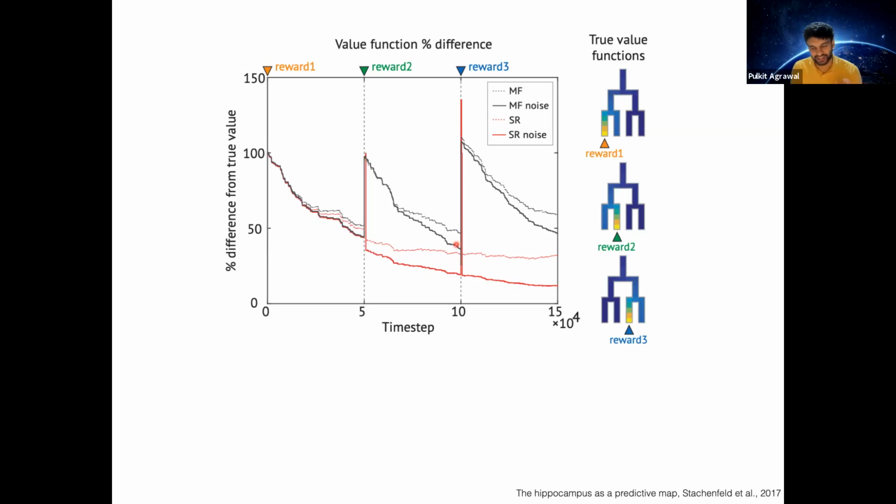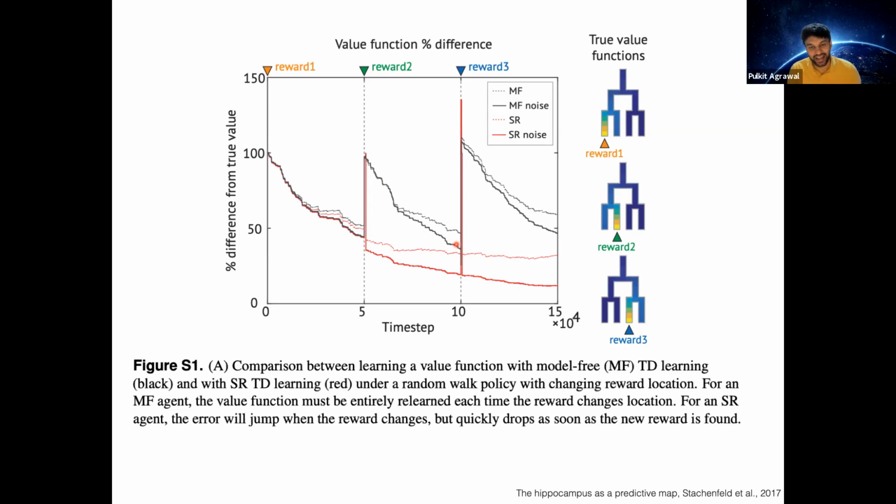And in the time window that we are seeing, it does not actually end up getting as competitive. So here is one scenario where, if I have a good exploration policy and my rewards are within the set of states my exploration policy visits, then successor representations could allow us to change goals very quickly, as opposed to a model-free system. If you're interested in more, I recommend reading this paper, Hippocampus as a Predictive Map.